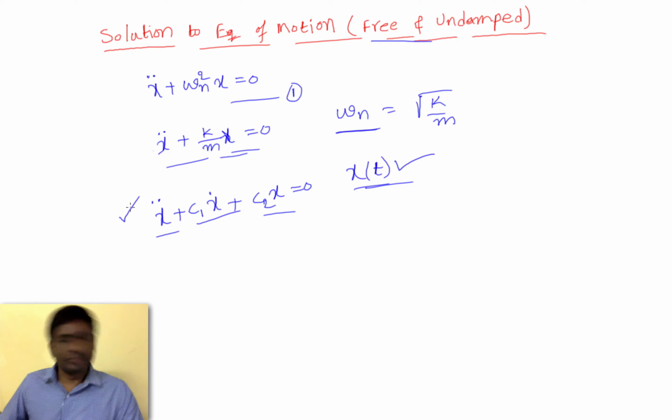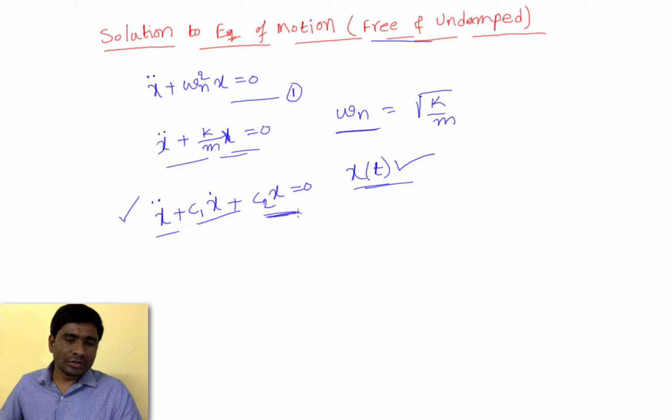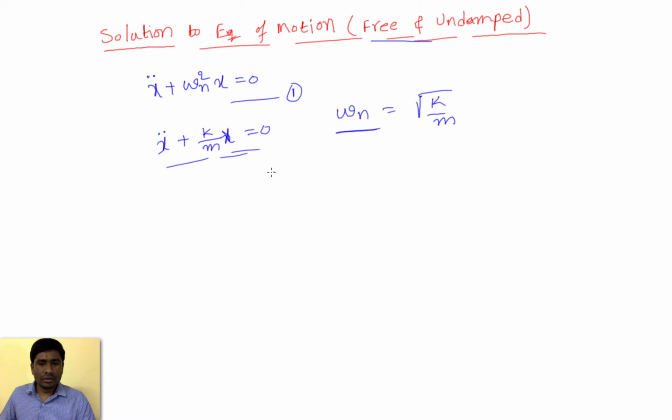So this is a linear differential equation. Whenever we have a linear differential equation, after finding the solutions, we can combine those linear solutions for this differential equation. So here I will choose this as my solution, x equals D e power st, where D and s are unknowns and t is the time.